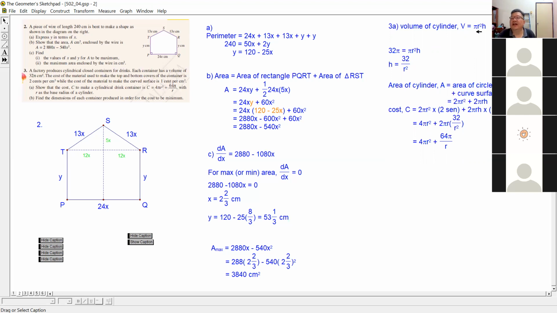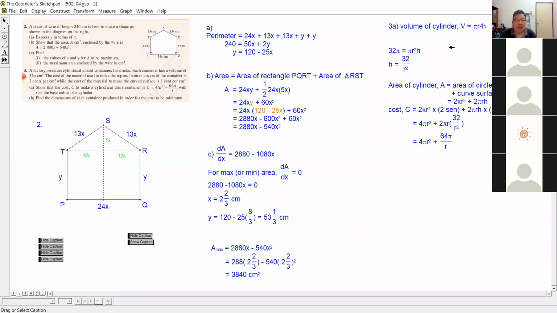Okay, volume of the cylinder is pi r square h, where r is the radius of the base and h is the height of the cylinder. So if the volume is pi r square h and they give you the volume is 32 pi, so what must you do? You have to equate the two.